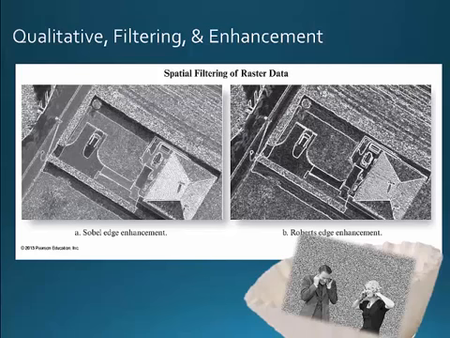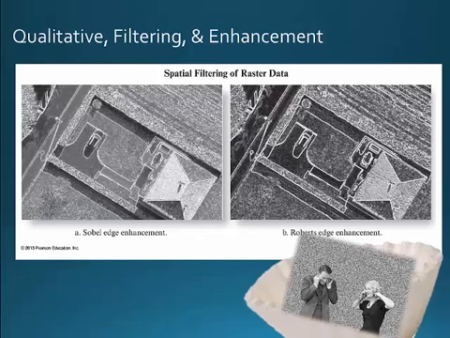A low-pass filter smooths the data by reducing local variation and removing noise. It calculates the average mean value for each 3 by 3 neighborhood. It is essentially equivalent to the focal statistics tool with the mean statistic option. The effect is that the high and low values within each neighborhood will be averaged out, reducing the extreme values in the data.